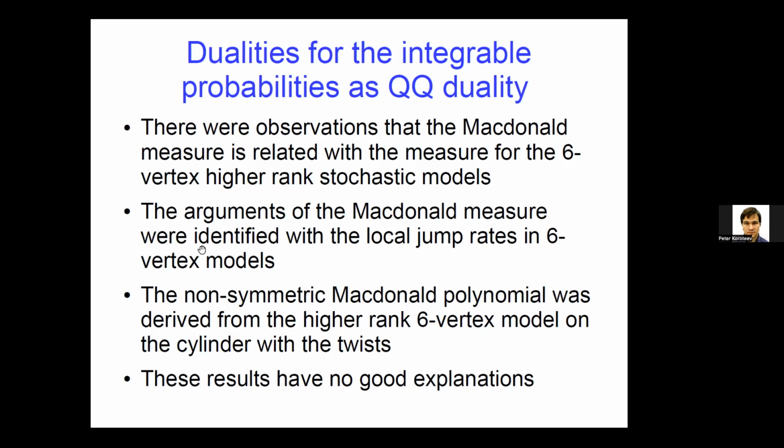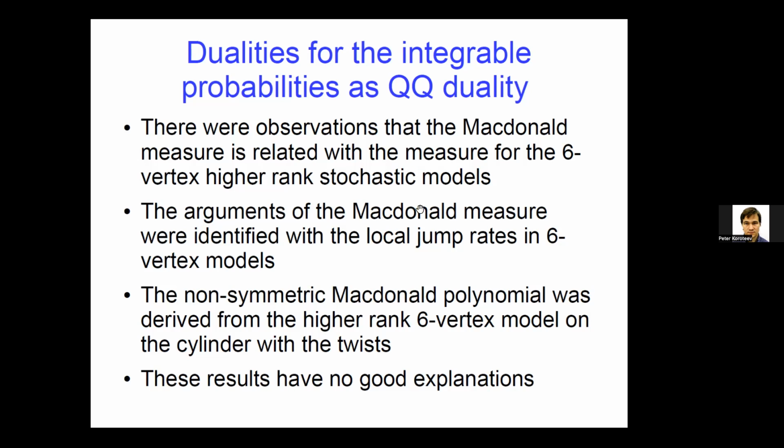What kind of dualities are relevant for integrable probability? There is an observation by people working in integrable probabilities that there are identities between observables with respect to the Macdonald measure and observables with respect to the higher rank stochastic six-vertex model.